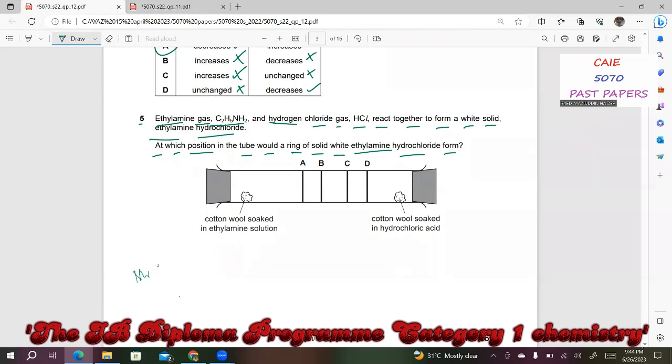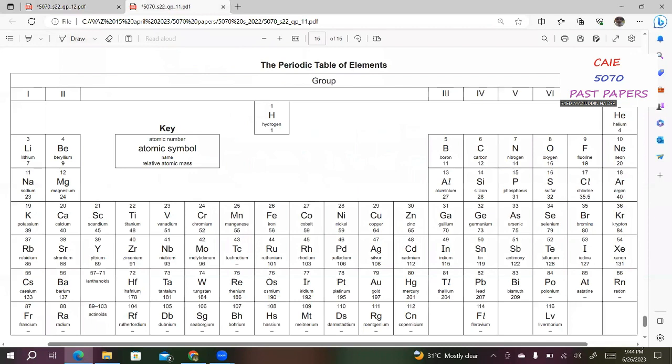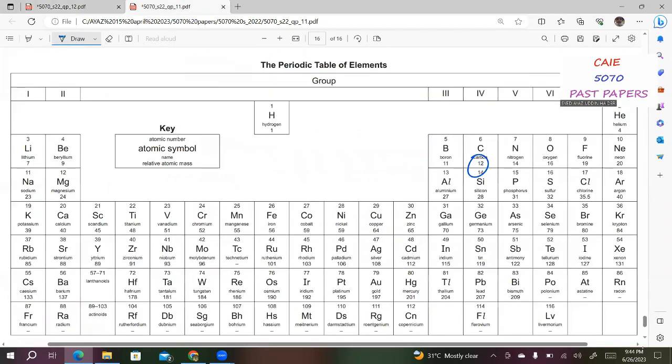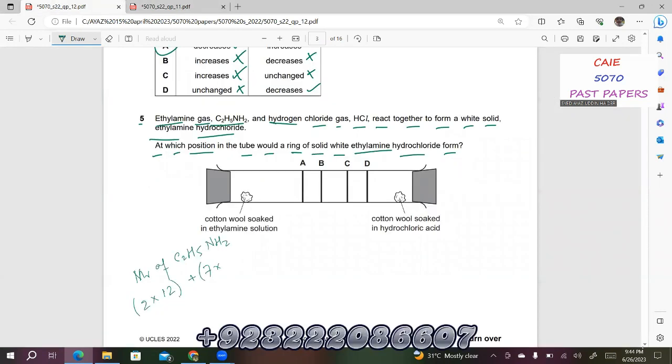Mr of C2H5NH2: we have 2 carbon atoms, Ar of carbon is 12, so 2 multiplied by 12, plus we have 7 hydrogen atoms, so 7 multiplied by 1, the Ar of hydrogen.